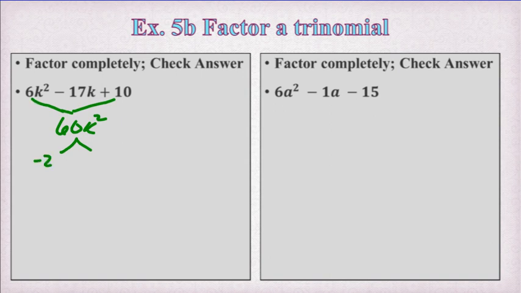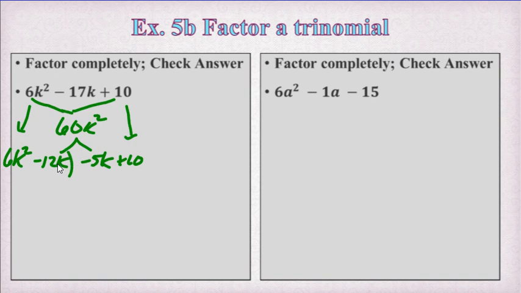So a negative, it can't be 20 and 3, even though 20 times 3 would give us 60, it has to be a positive 60. So I'm going to do a negative 12k and a negative 5k, because both of those multiplied would give me a positive 60, but add them together gives me a negative 17. Bring down the outer two, 6k squared plus 10.